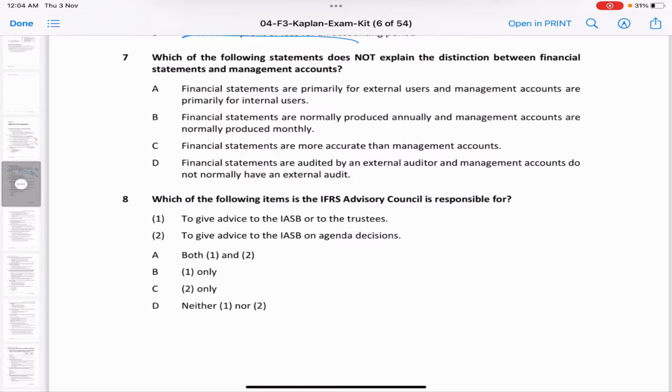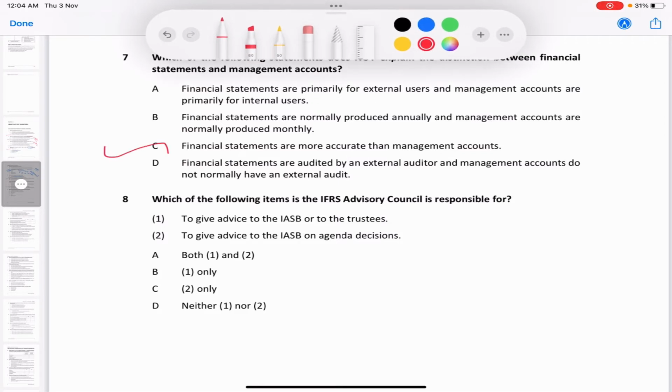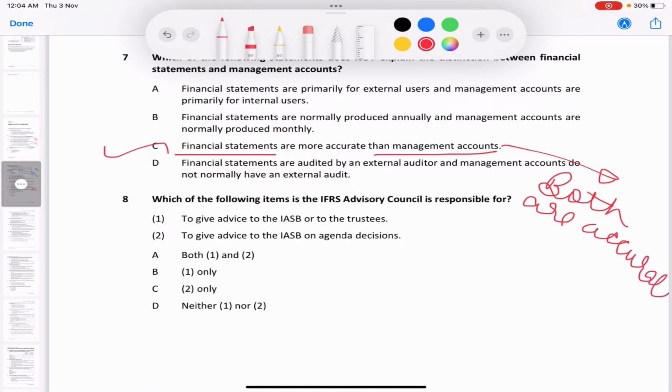Financial statements are more accurate than management accounts. Financial statements are audited by an external auditor, and management accounts do not normally have an external audit. So C is the answer. Why is C the answer? Because financial accounting and management accounting, both will be accurate. Both of them are equally accurate. So this is not a distinction.